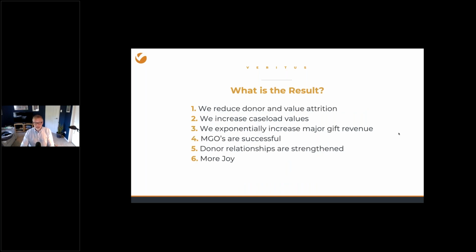The result is that you're going to reduce donor attrition, increase your caseload values, and exponentially increase your major gift revenue. Your MGOs will be successful, donor relationships are strengthened, and there'll be a lot more joy going around in your organization because of it.